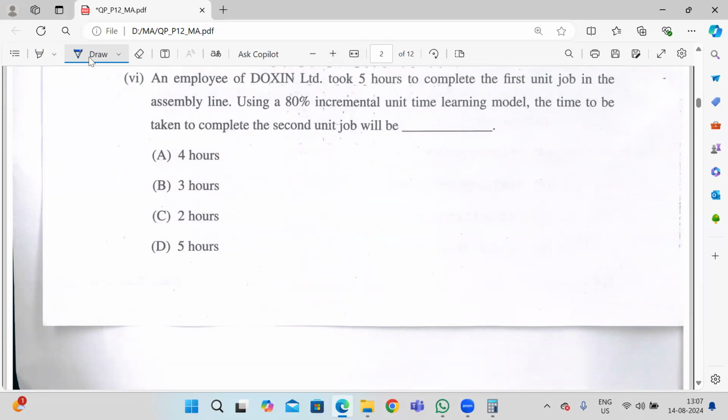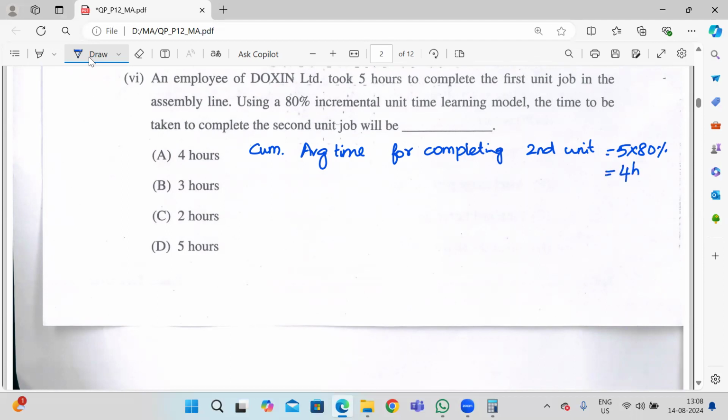Here, the cumulative average time for completing the second unit will be 5 into 80 percent, that is 4 hours, right?